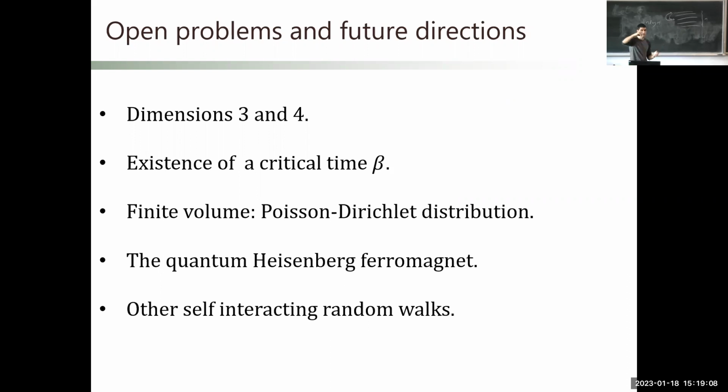And then the conjecture is that the cycles will be linear, will capture a fraction of the vertices, and will converge to the Poisson-Dirichlet distribution, like the result of Schramm on the complete graph. So this is still open, and of course you have the quantum Heisenberg ferromagnet. This is not exactly the interchange. You add another factor to the number of cycles, which makes everything much more complicated.